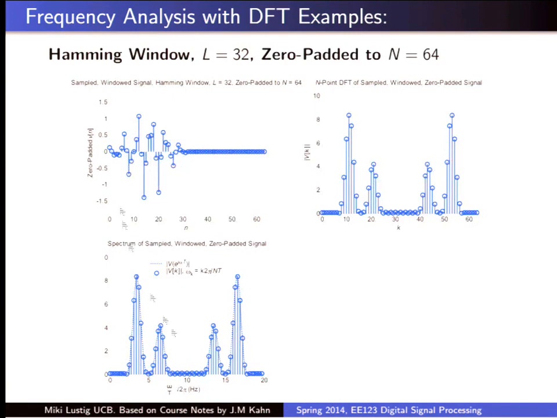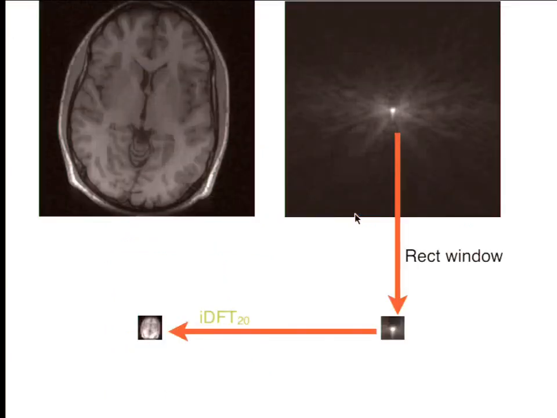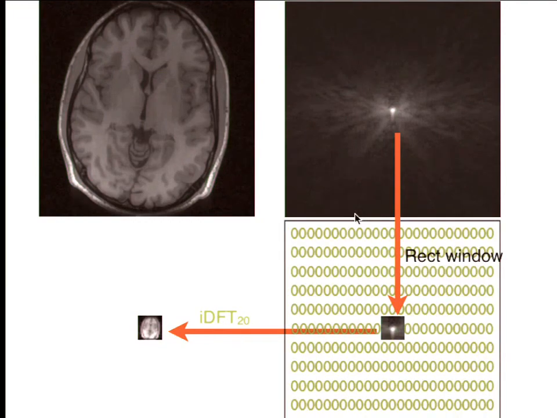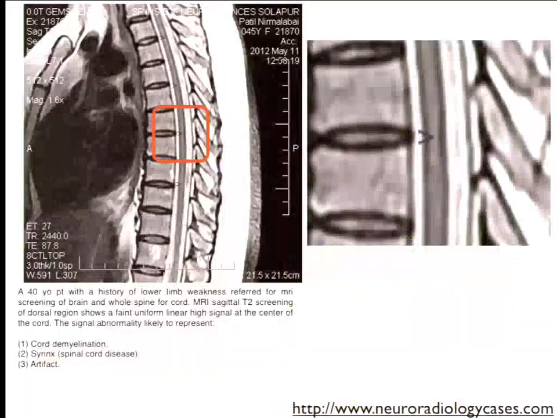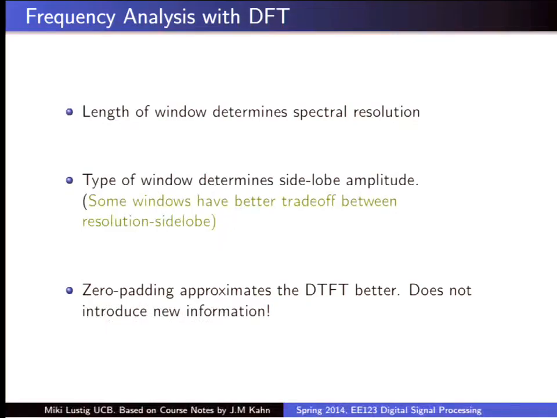If I zero-pad my sequence here, where this is n equals 0, and I zero-pad over here, now I get finer sampling of the DTFT. Just finer. I showed you this last time: the fact that I zero-pad doesn't add information, and that is visually striking. And then I showed you an example of this.